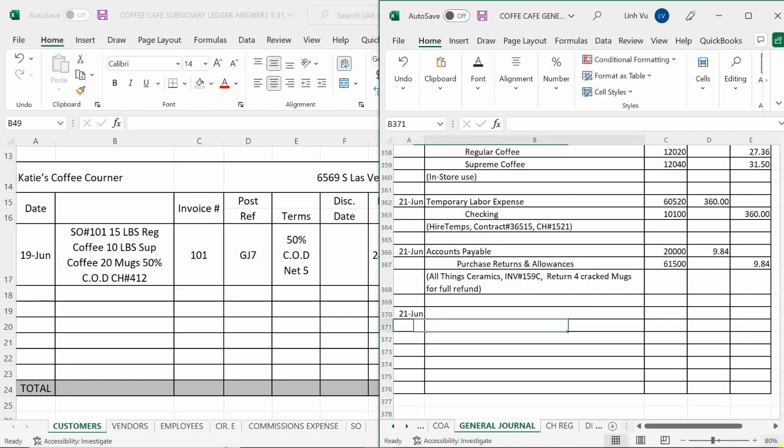So today's the 21st, right? We got a sales returns and allowances, which is a contra account to sales. And we're also going to reduce the amount that she owes.